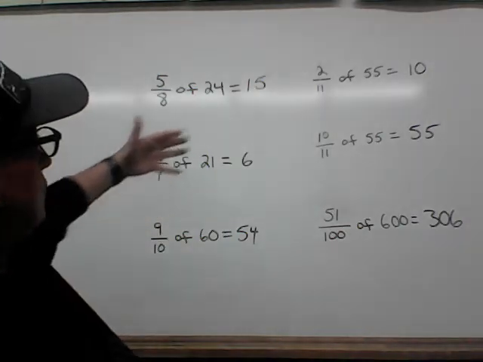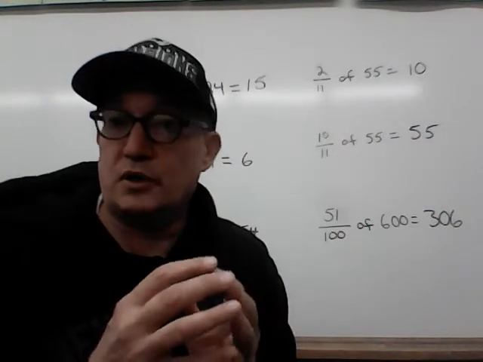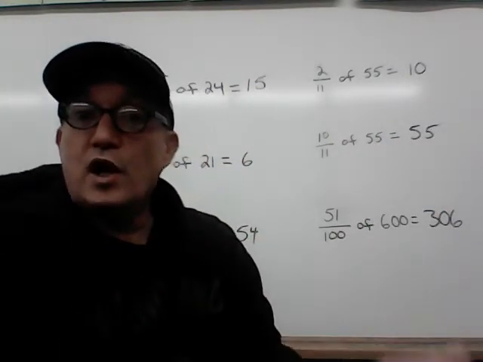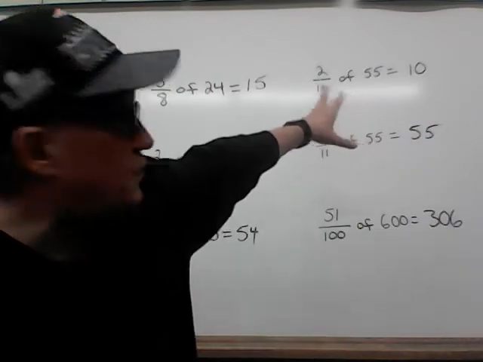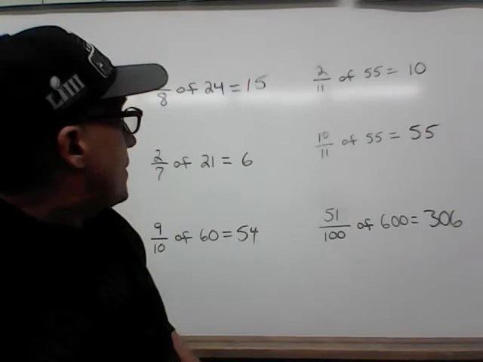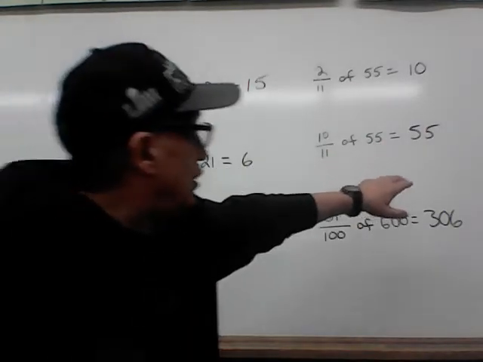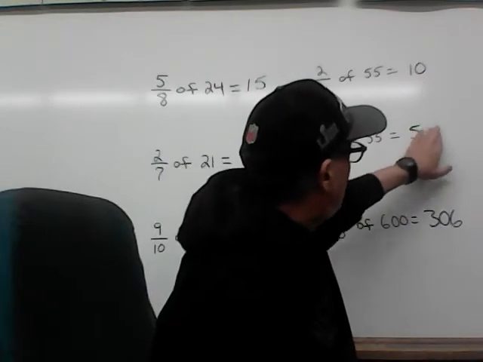On the other hand, with the 2/11 of 55, 2/11 of something is only a pretty small piece of it. So we were not expecting anything close to 55 with the 2/11 of 55. Whoops, there's a mistake. I hope I said 50 earlier. I wrote 55 here.